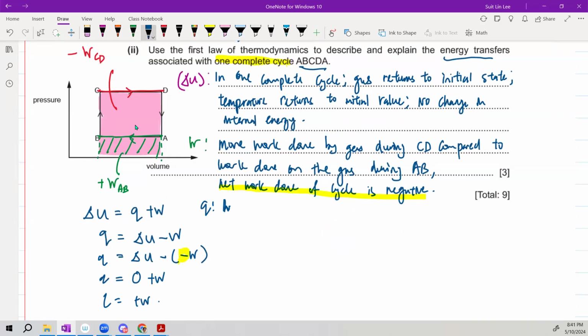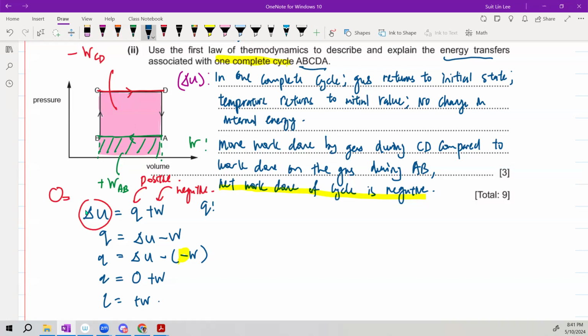you don't have to show this. You can just deduce, because we can already tell net work done is negative. If delta U is 0, and this is negative, then Q must be positive. You can tell even from the first equation.